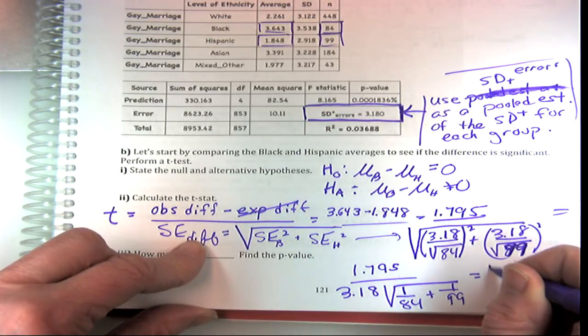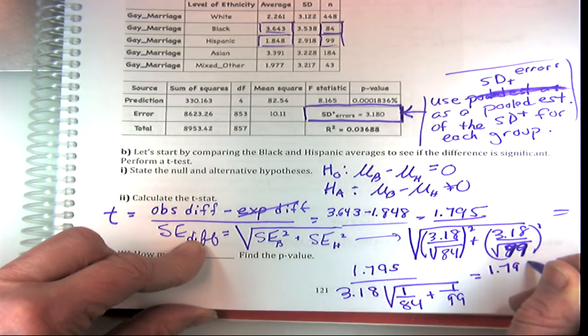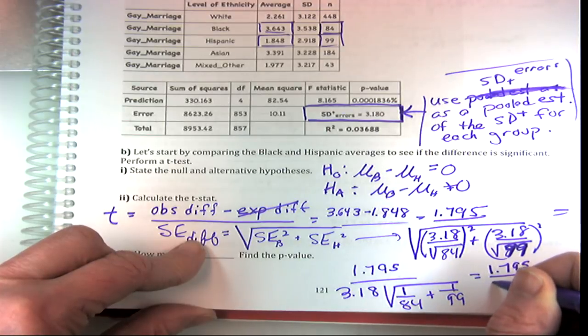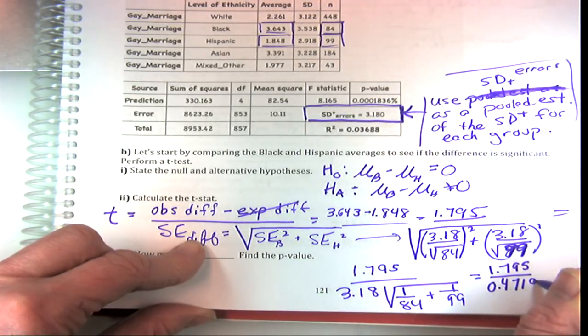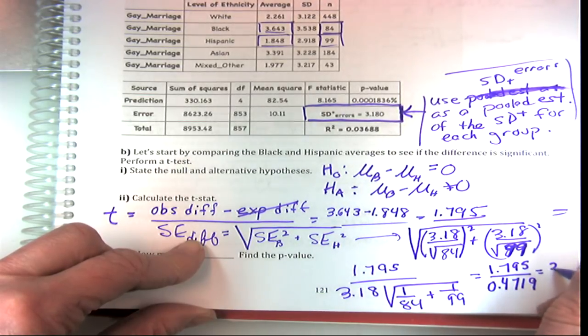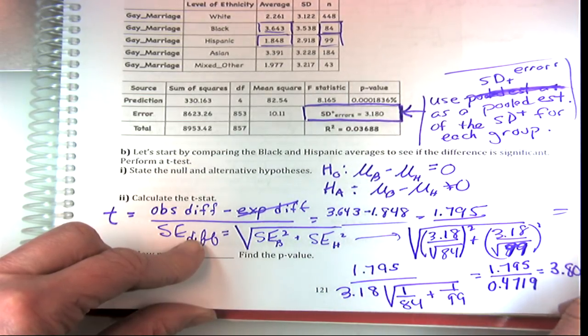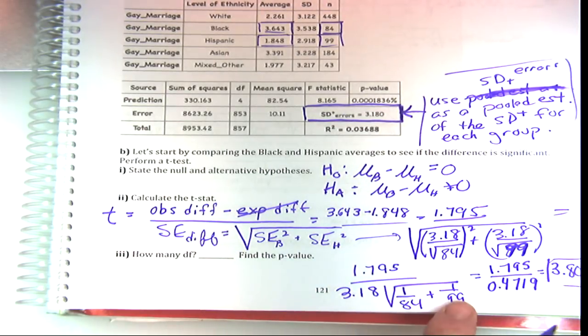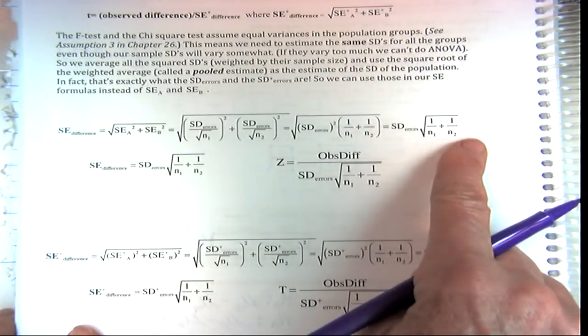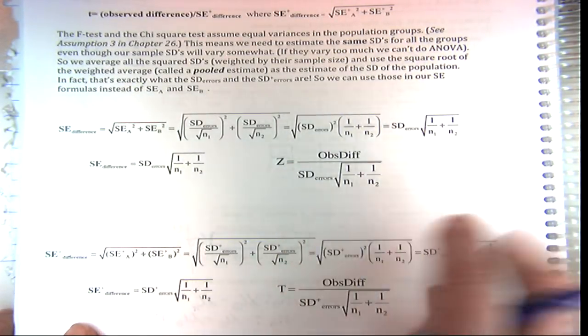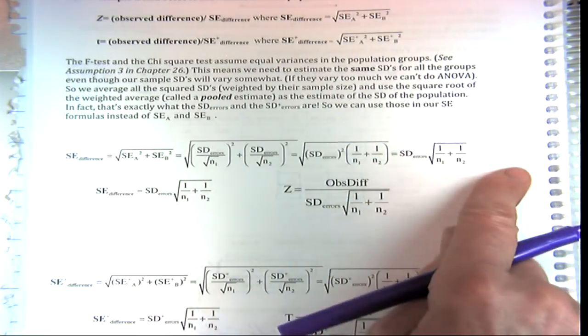So let me just give you the answer here. 1.795 over 0.4719, and I got 3.804. I hope that didn't go too fast for you, but if it did, watch this. I go through it here and show step by step the arithmetic.